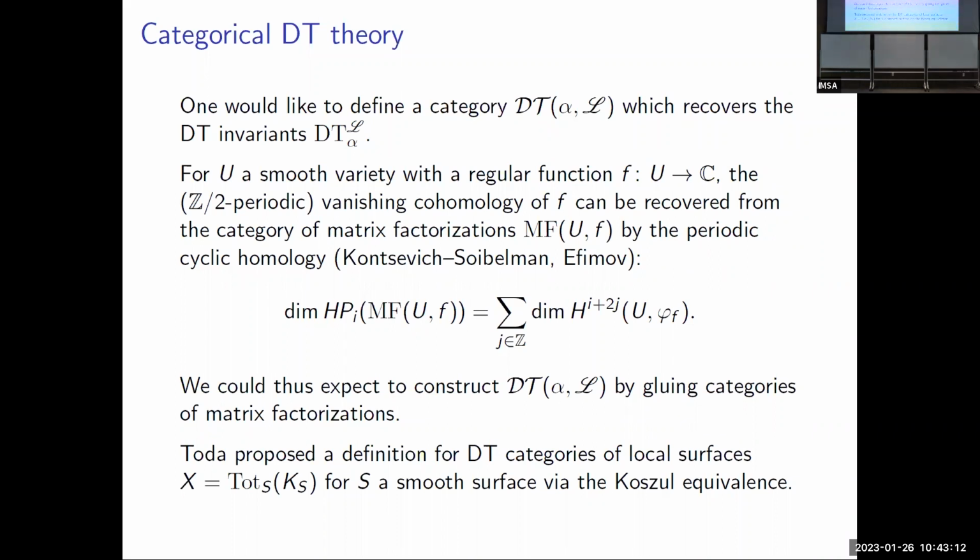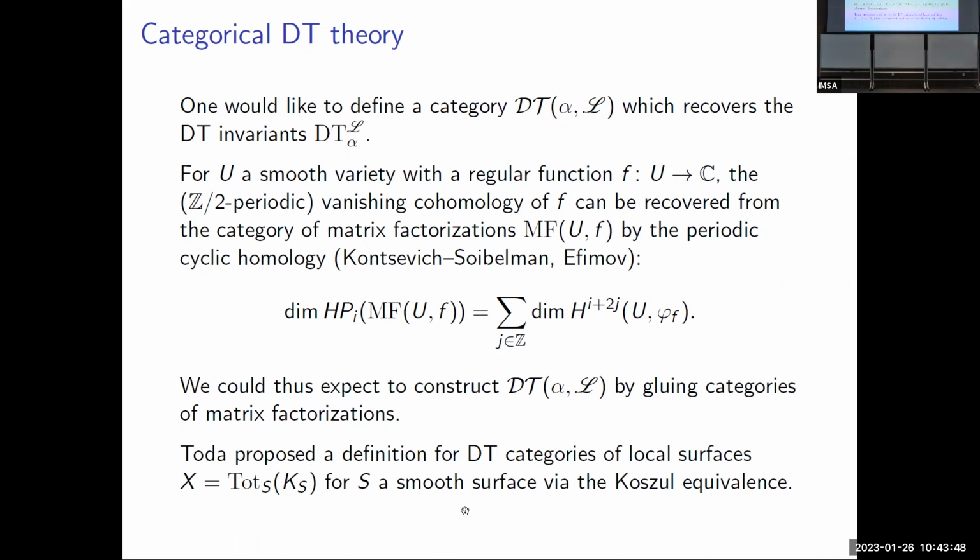Again, we would hope to define these general DT categories by gluing these categories of matrix factorizations. We don't know how to do that. We do not know what an orientation data is in this case. So what we study are either some cases in which there is a global description of your relevant moduli space as a critical locus. Another situation is when the Calabi-Yau threefold is a local Calabi-Yau threefold.